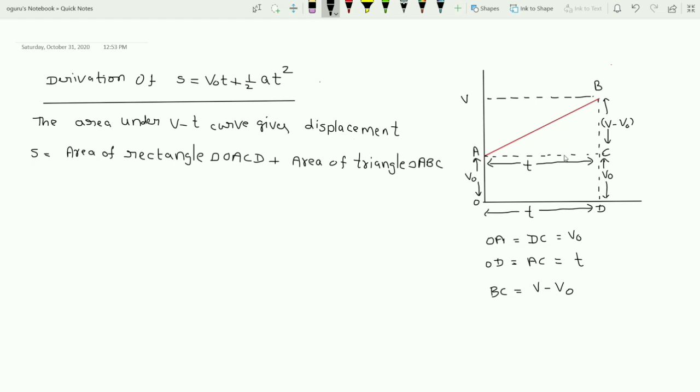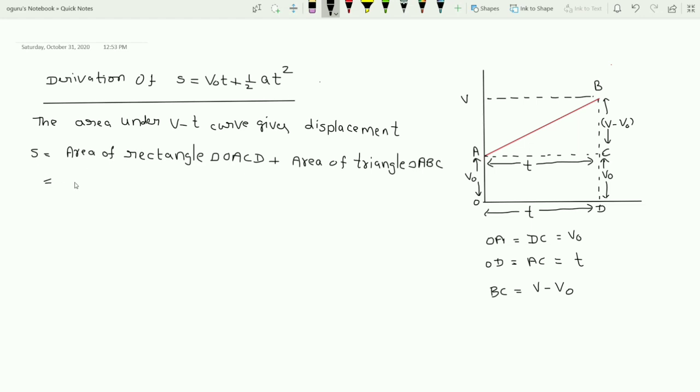Here, the area under the vt curve is equal to the area of the rectangle OACD plus the area of the triangle ABC. That is the total area under the vt curve, and that gives the displacement s.